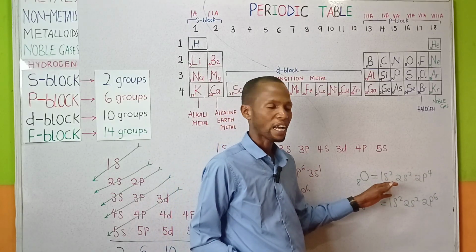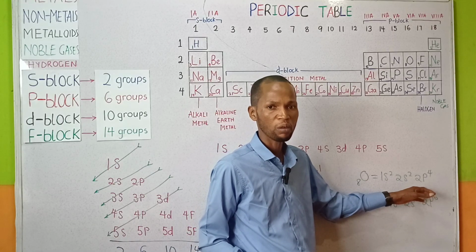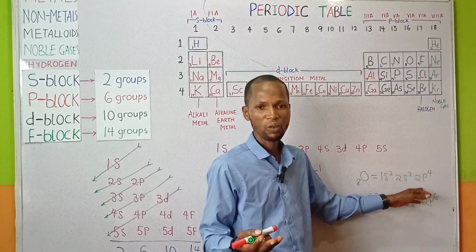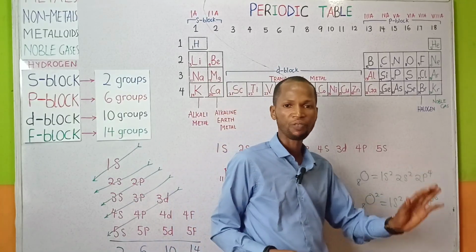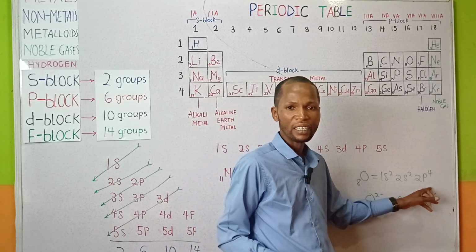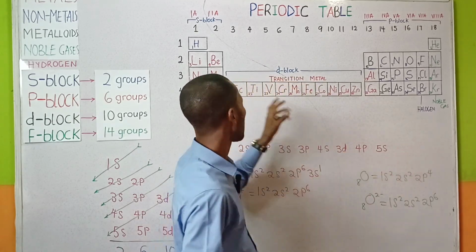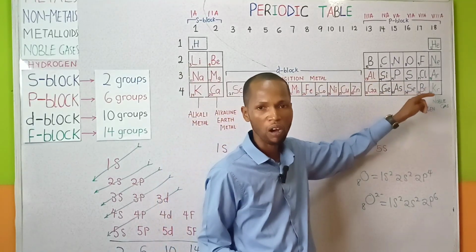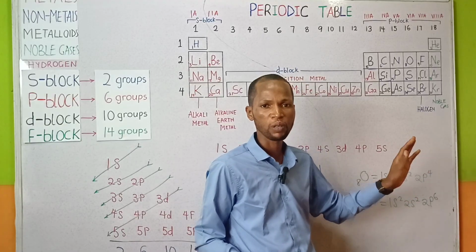Now, the parent atom has its coefficients. For the last orbital here, the coefficient is 2, which implies that oxygen is in period 2. The coefficient reflects the period. Now, the orbital right here has exponent 4. Recall that we always add 2 for the first 2 groups of the s block to the p block in order to get the group in which a p block element belongs to.